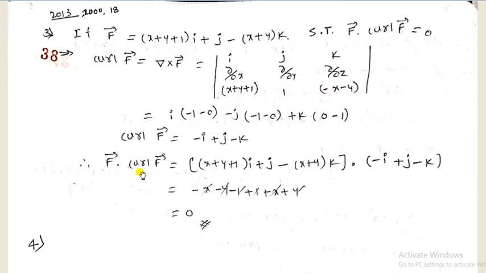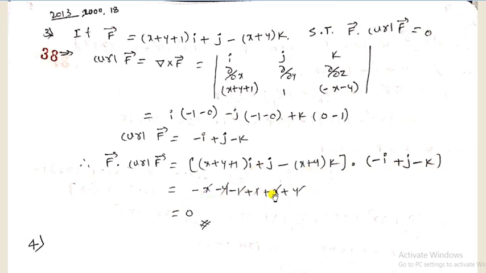Now find vector f dot curl of f. Apply the dot product: vector f dot curl of f, where curl is minus i, j and minus k. After applying the dot product, x plus y plus 1 with minus 1 is minus x minus y minus 1, plus j that is 1, minus of x plus y with minus k is plus x plus y.